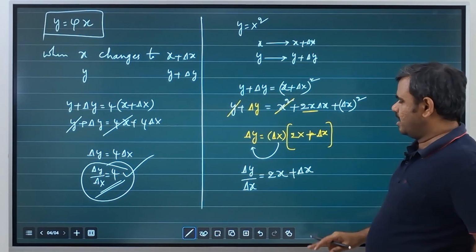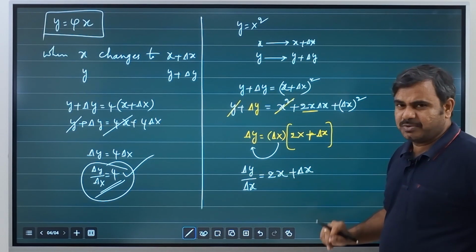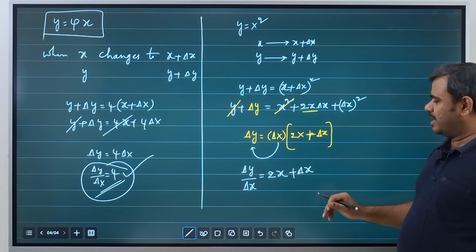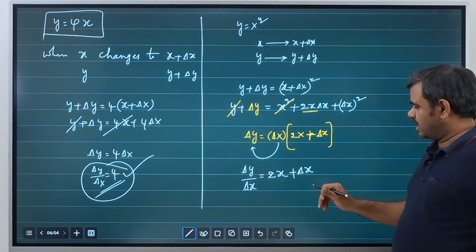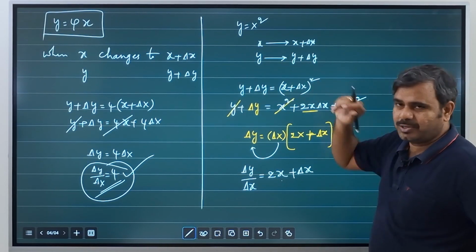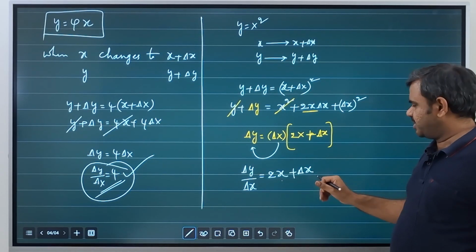But here, delta y by delta x, that is the rate of change in y with respect to x, depends on x and the change in x. It depends on x, that is the initial value of x. It also depends on the interval, that is the change in x.